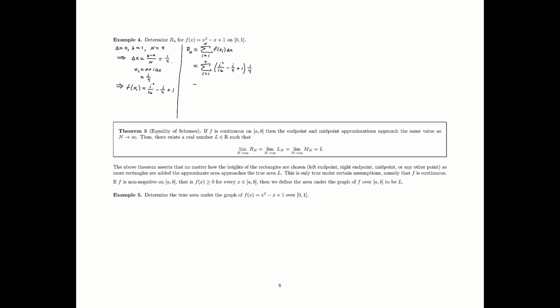Which we can then write as 1/64th the sum from i equals 1 to 4 of i squared, minus 1/16th the sum from i equals 1 to 4 of i, plus 1/4 the sum from i equals 1 to 4 of 1.